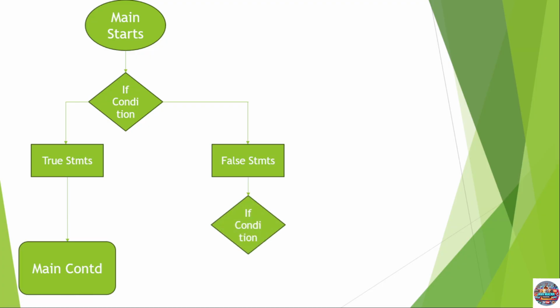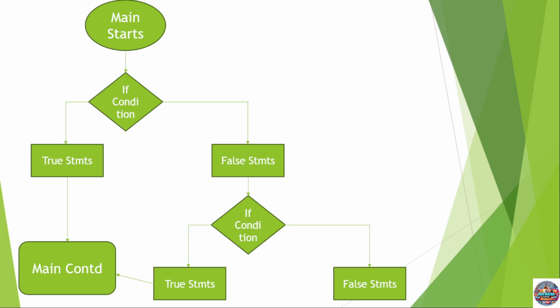Generally the false statement will execute, but instead of the false statement, I have one more condition. I am checking that condition, and if it is true, the true statement will execute and go to main continuation. Again, if it is false, the false statement will execute. Again, one more condition. If you don't want the false statement to execute, add one if statement so that it will continue like this.